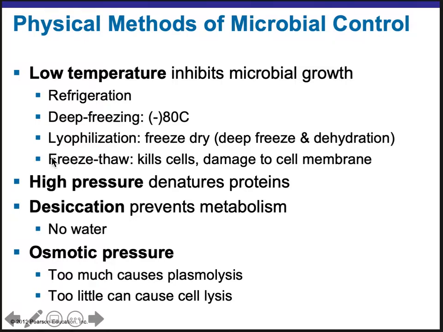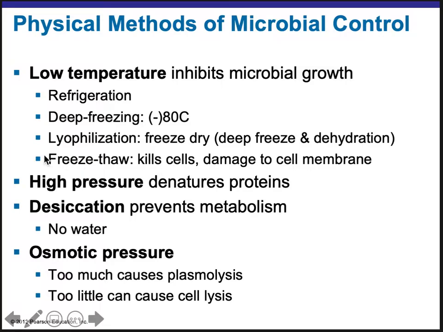Inhibiting growth. Freeze thaw, on the other hand, I mentioned earlier, is a cycle of quickly freezing and quickly thawing, and doing that about 3 times to actually kill and burst open the cells. You make them very weak. Okay, so you're damaging the membrane and the proteins, and so that will kill things.